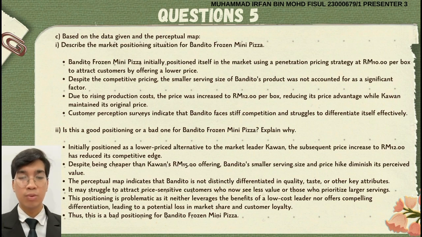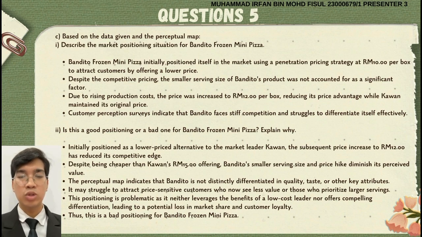Question 5C2. Is this a good positioning or a bad one for Bandito frozen mini pizza? Explain why. The market positioning situation for Bandito frozen mini pizza appears to be challenging. Initially positioned as a lower price alternative to the market leader Kawan, the subsequent price increase to RM12 has reduced its competitive edge. Despite being cheaper than Kawan's RM15 offering, Bandito's smaller serving size and the price hike diminish its perceived value.